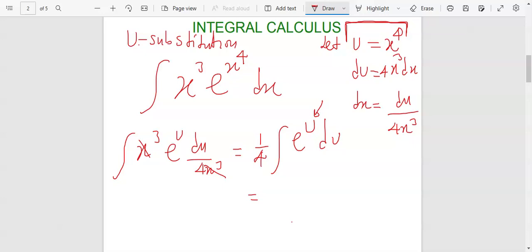If you differentiate x, what do you get?